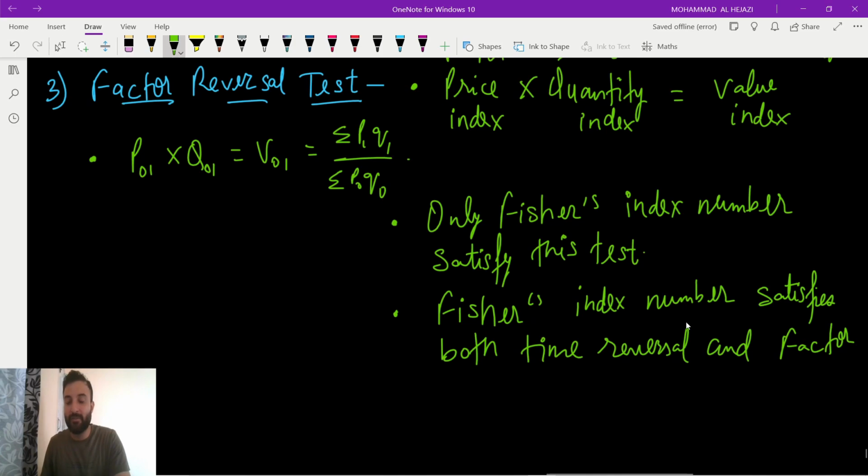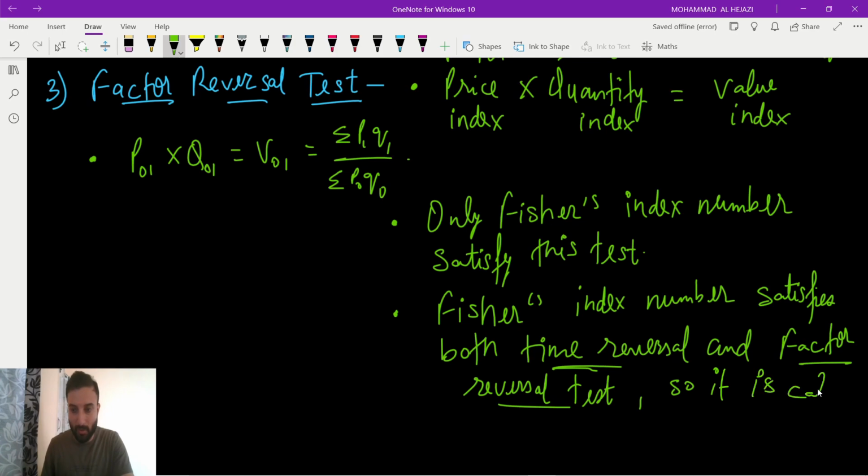So Fisher index number will satisfy both time reversal and factor reversal test. Because what we have seen before, the Fisher index number satisfies both time reversal and factor reversal test.